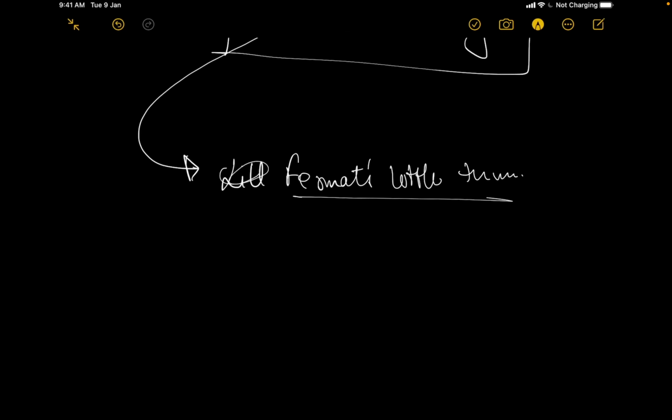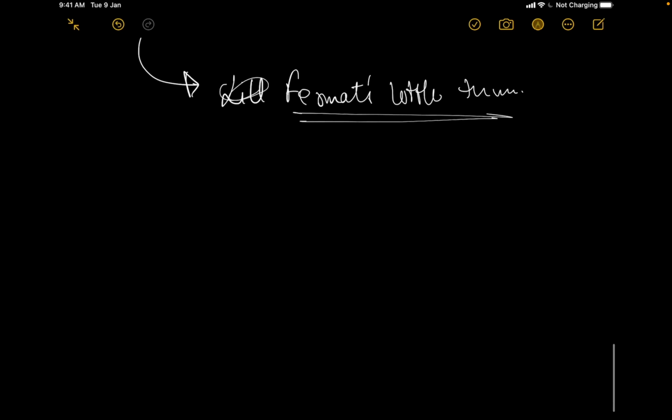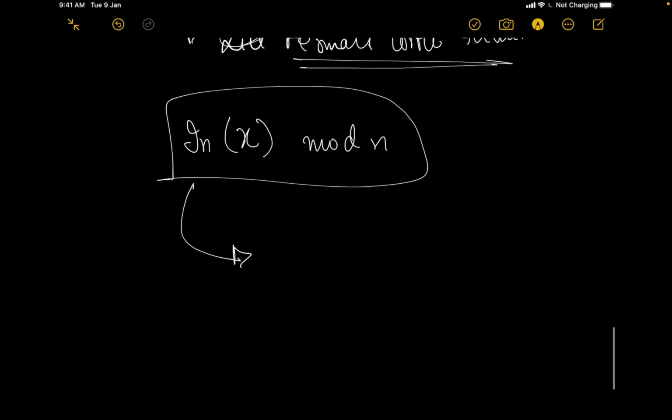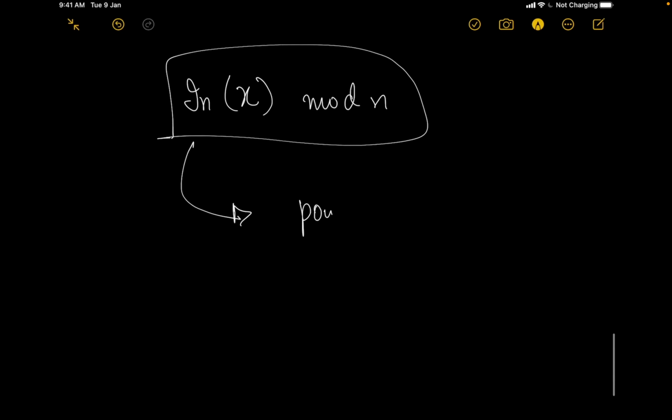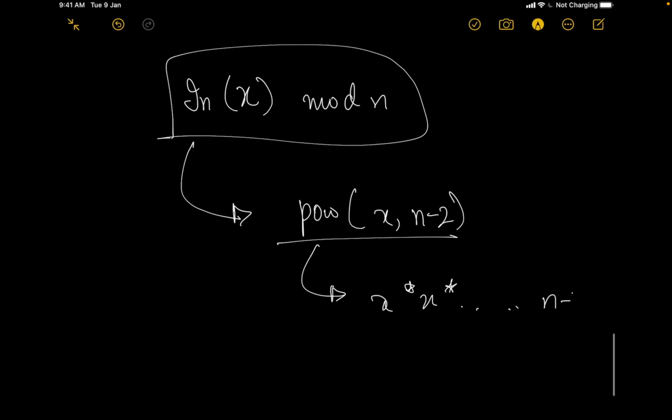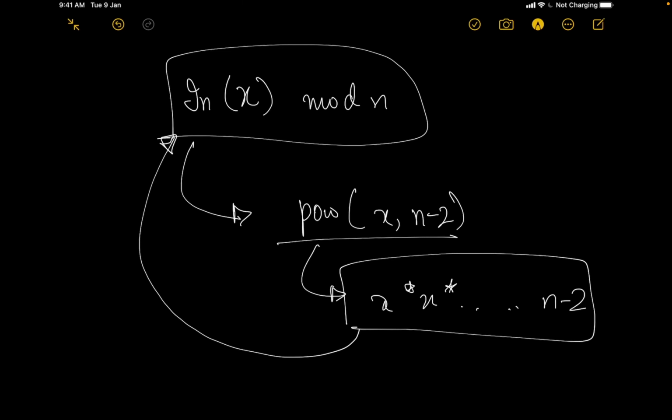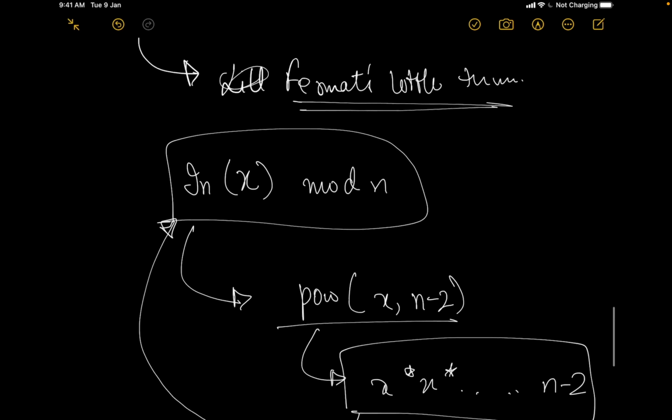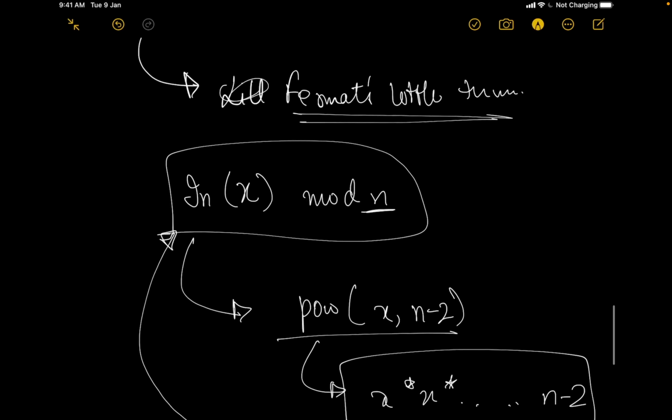It states that if you want to calculate the inverse of x modulus n, then it would be equal to power of x, n minus 2. So basically multiplying x into x into x up to n minus 2 times. This would be the answer for inverse of x. But this is only relevant when your n is a prime number.